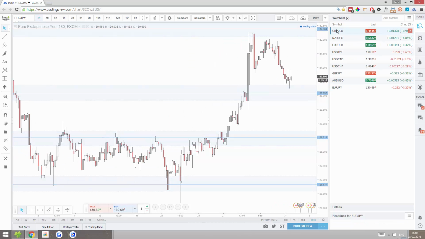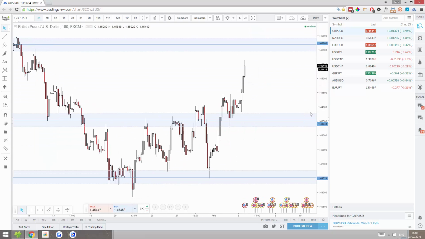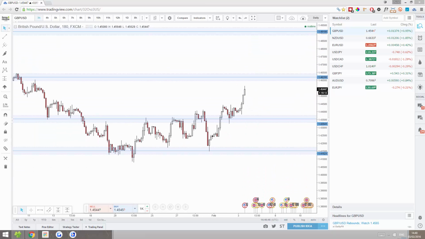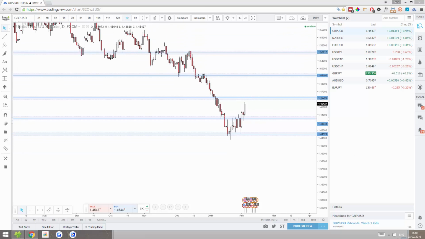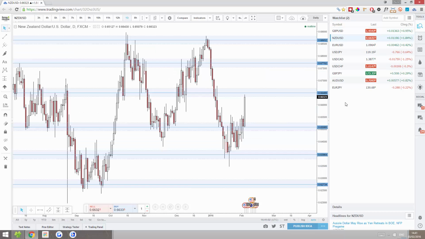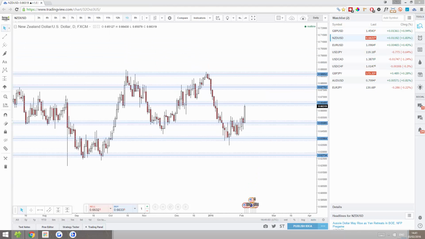So let's review. GBP/USD heading straight towards major resistance, straight towards it. That is looking pretty good. Let's go up to the daily. Yeah, heading towards major resistance. That's looking pretty good. We got New Zealand USD, which is right on top of major resistance right now, which is looking good.